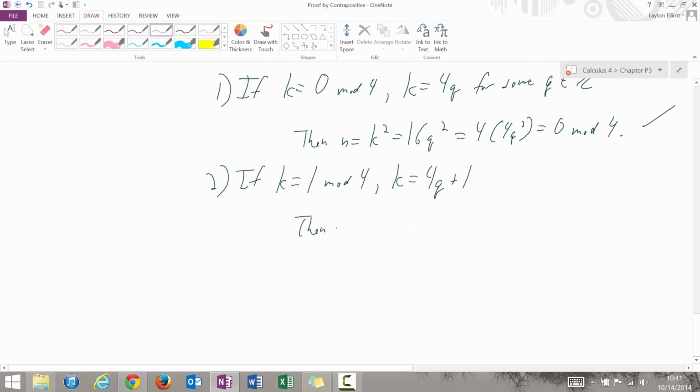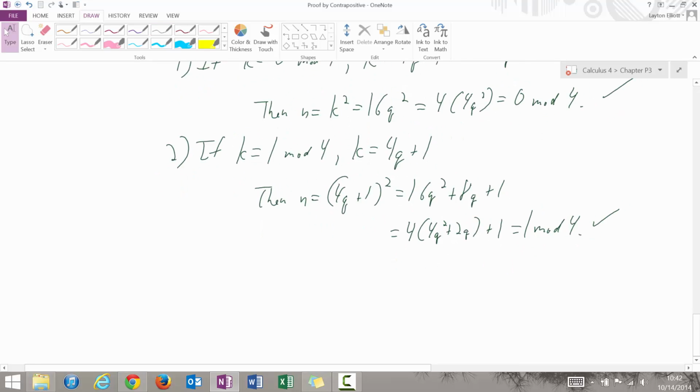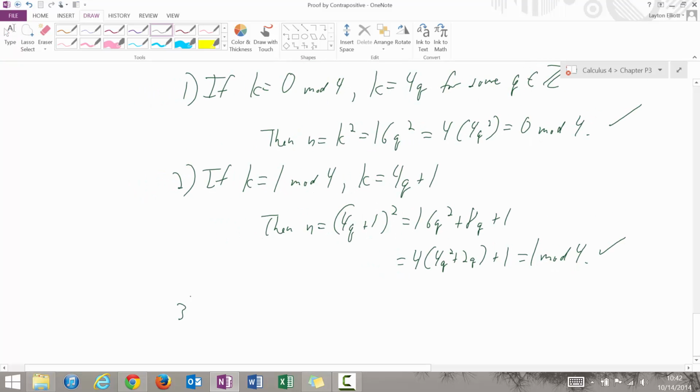And then we know that n is equal to 4q plus 1 squared, or 16q squared plus 8q plus 1, or 4 times 4q squared plus 2q plus 1. So 4 times a number plus 1, which means it's 1 mod 4. Once you get the rest of these going, you can see how this is going to play out, but let's finish it.